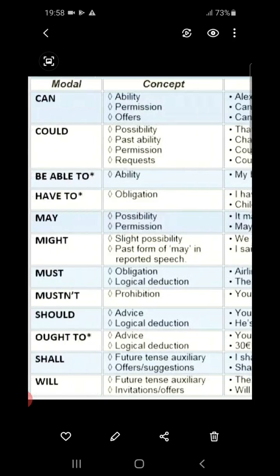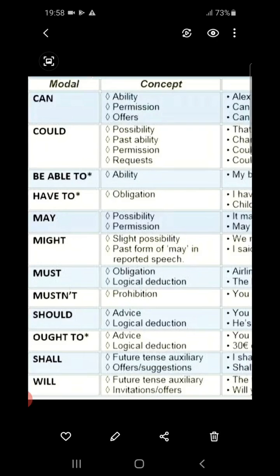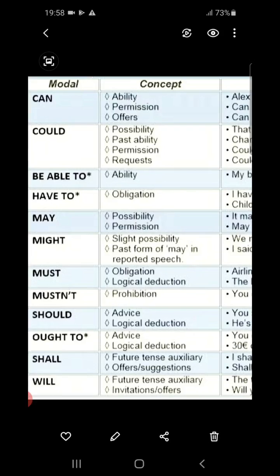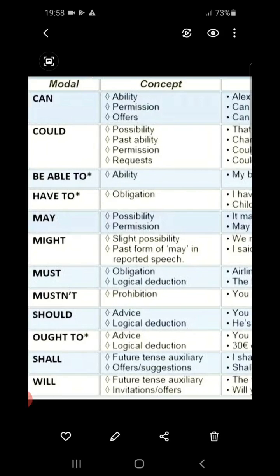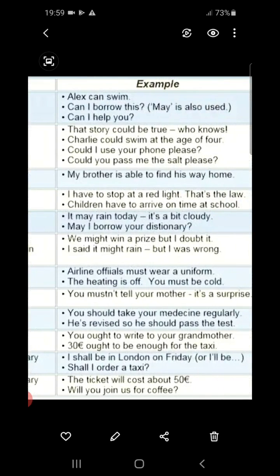Next, could, which reflects possibility, past ability, permission, requests. At first, let us see the example of possibility. That story could be true. Who knows?